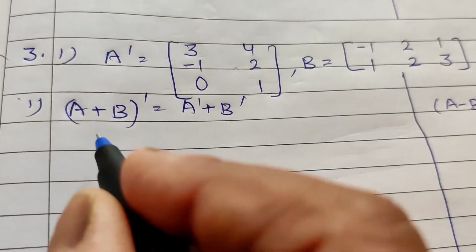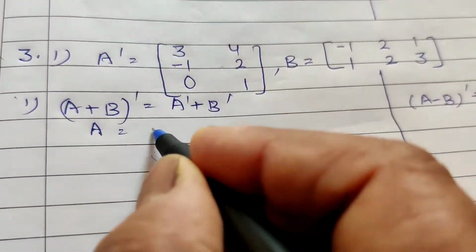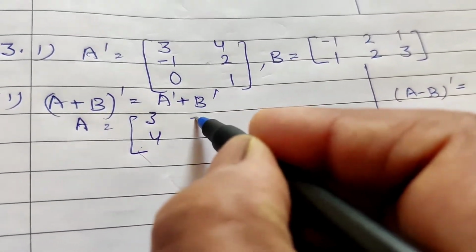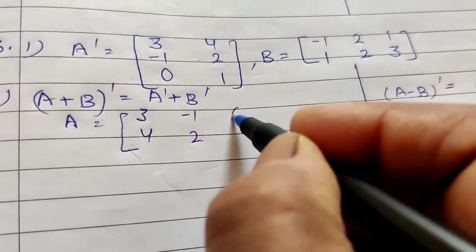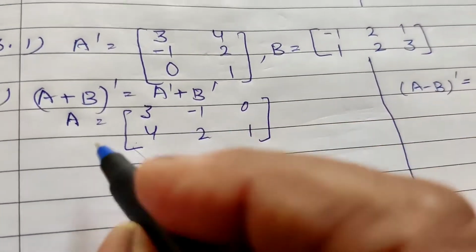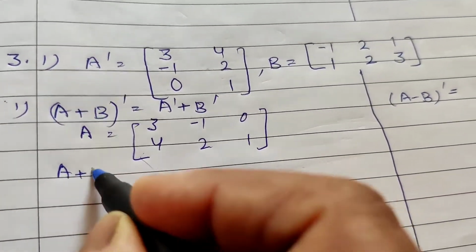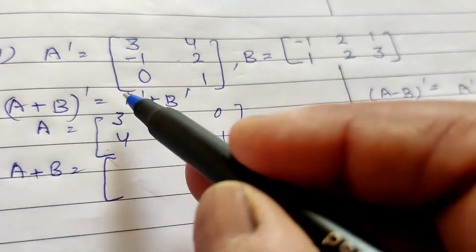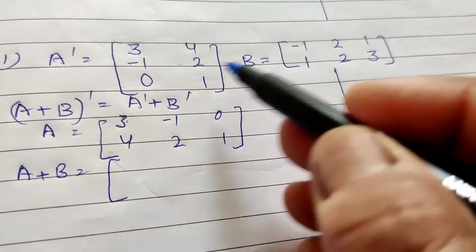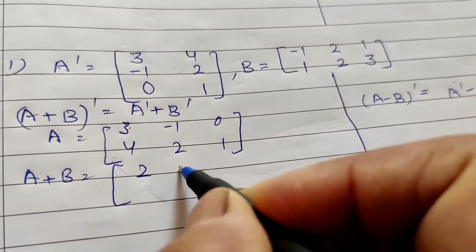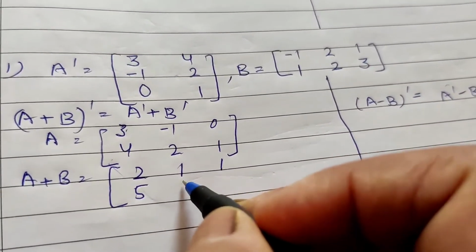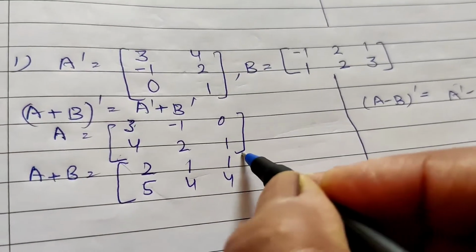So first we have to find A. Now convert rows into columns: 3, 4, minus 1, 2, 0, 1. Then add A to B. A plus B is minus 3, 3 minus 1, 2, 1, 1, 5, 4, 4.